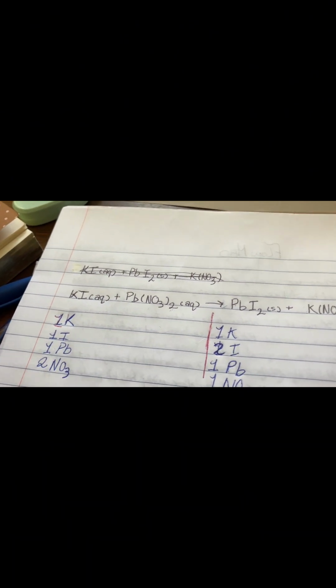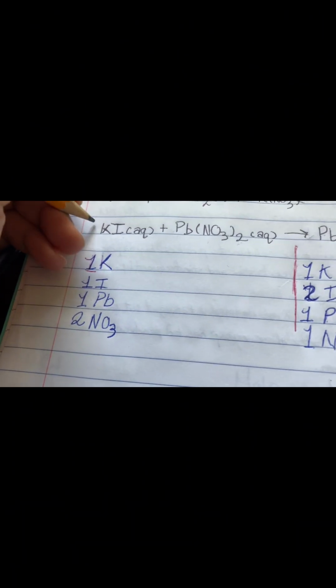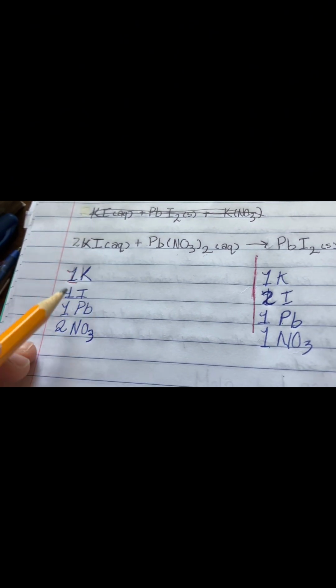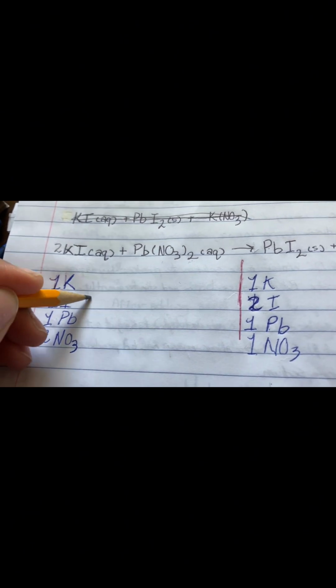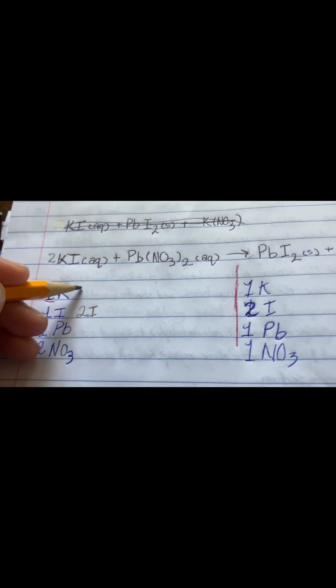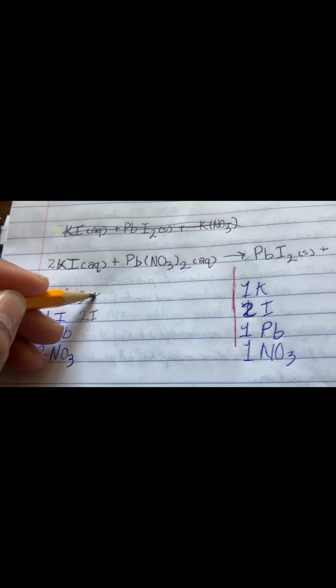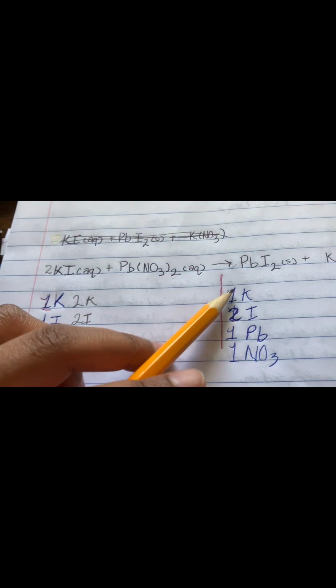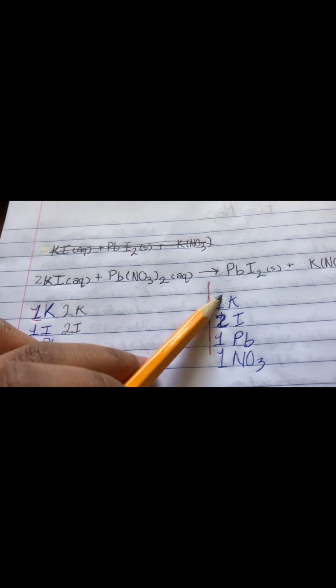Sorry, I was looking for a pencil. Now, let's write 2 in the front, which would make it so that you would have 2 iodines, but you also have 2 potassium atoms. So now we need another one over here for the potassium atom.